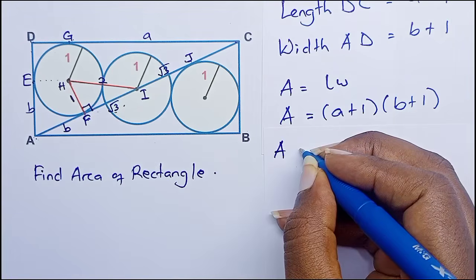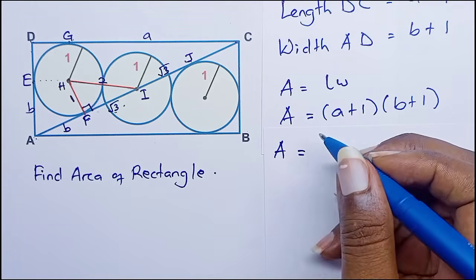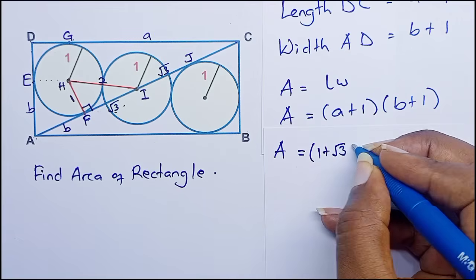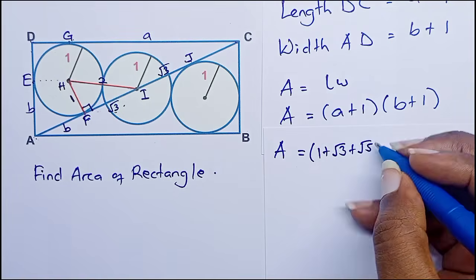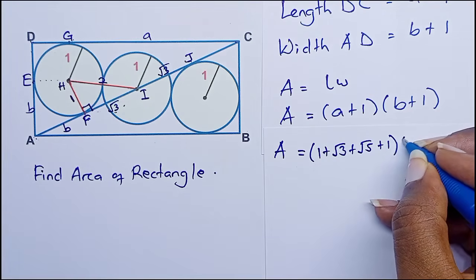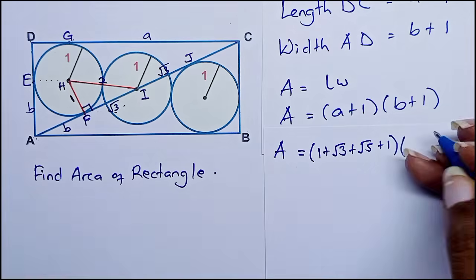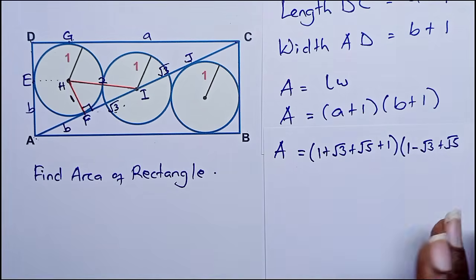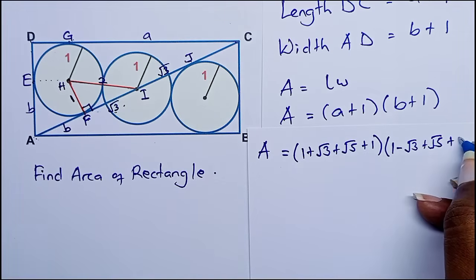So area A will be equal to, A is 1 plus root 3 plus root 5, then plus this one, then into B is 1 minus root 3 plus root 5, then plus this one.